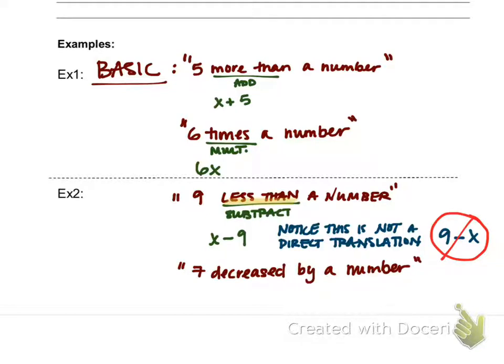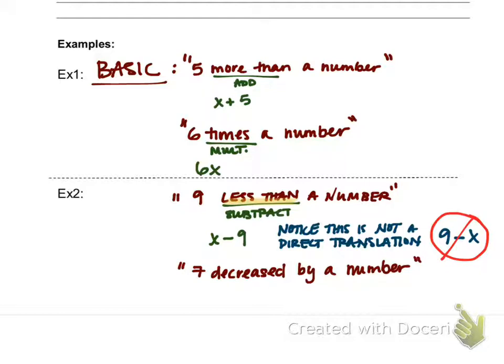The next example we'll take a look at, and the last on this particular page, is 7 decreased by a number. When I take a look at 7 decreased by a number, my variable is still the number that I don't know, and decreased, when I look back up at the top of my vocab that I just added, decreased by is a way of saying subtraction. Now in this case, we need to be careful because up above I said for subtraction that it's not a direct translation.